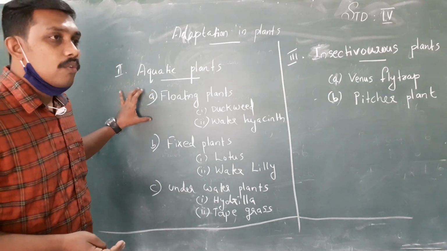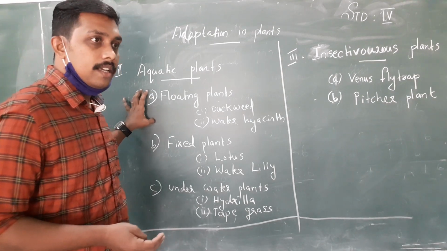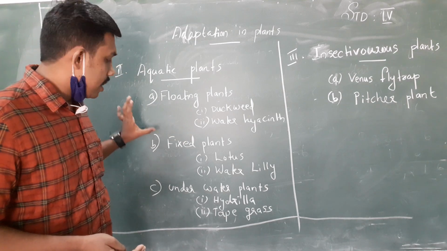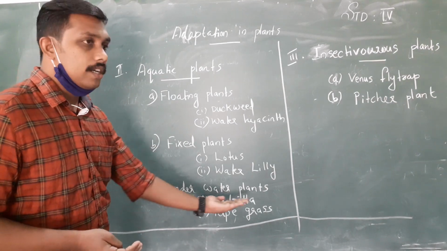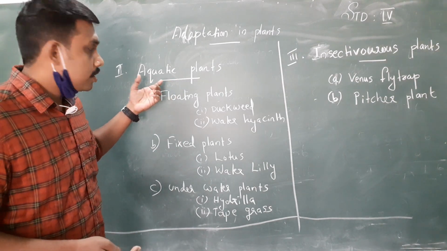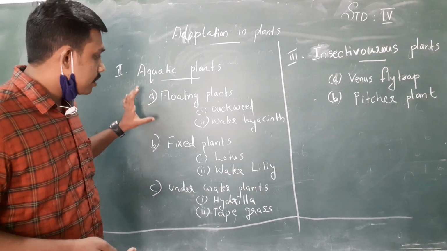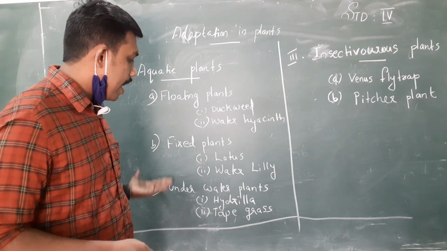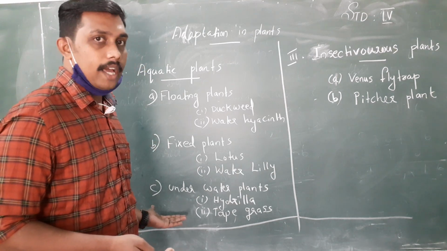First one is floating plants, second one is fixed plants, and third one is underwater plants.